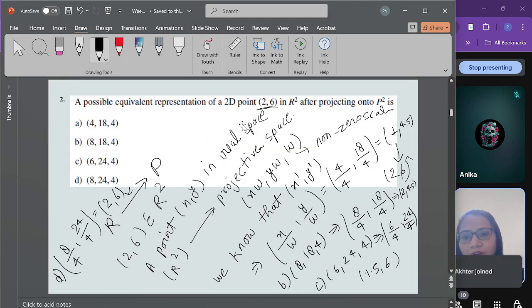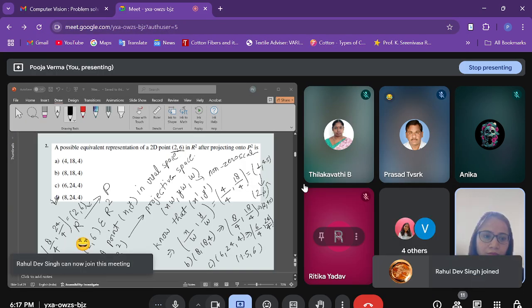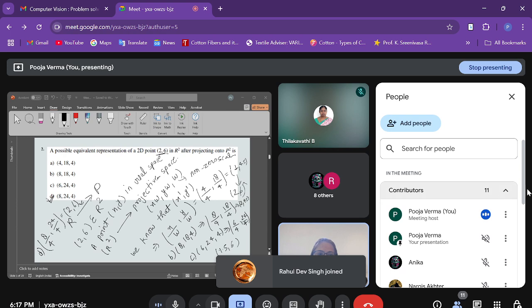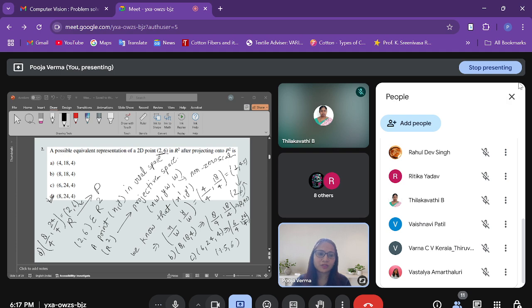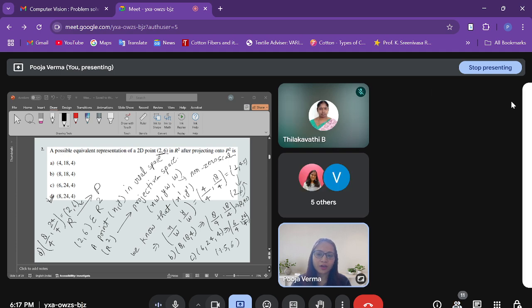Okay, so have you understood how to solve this question? Here the 2D real space point is already given. Now we need to find the projective space point. Here the third coordinate is not given, so we need to go with the options to find out the correct option.